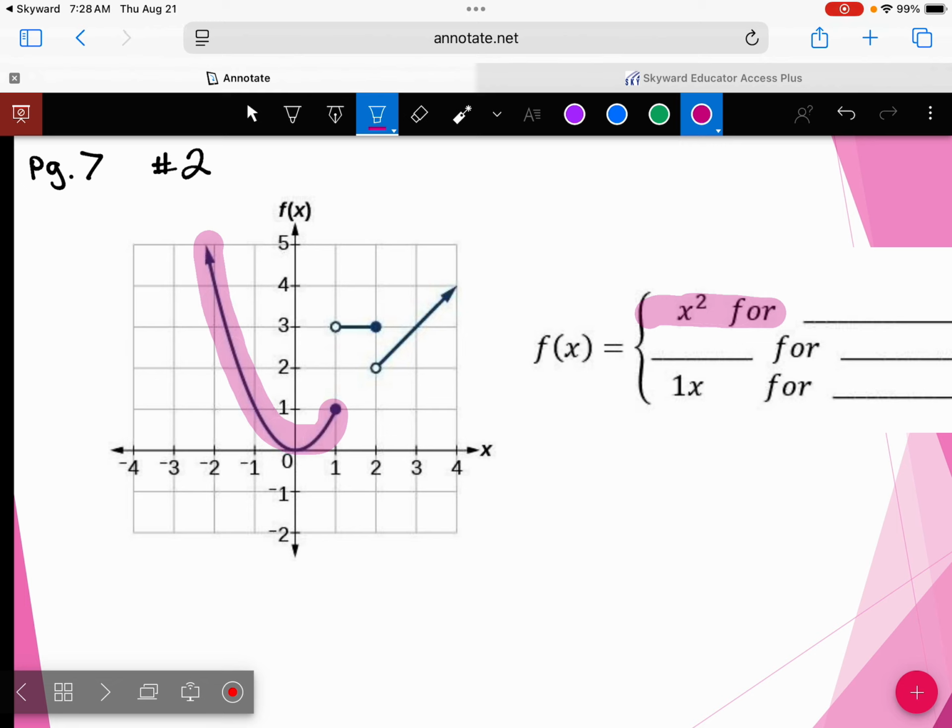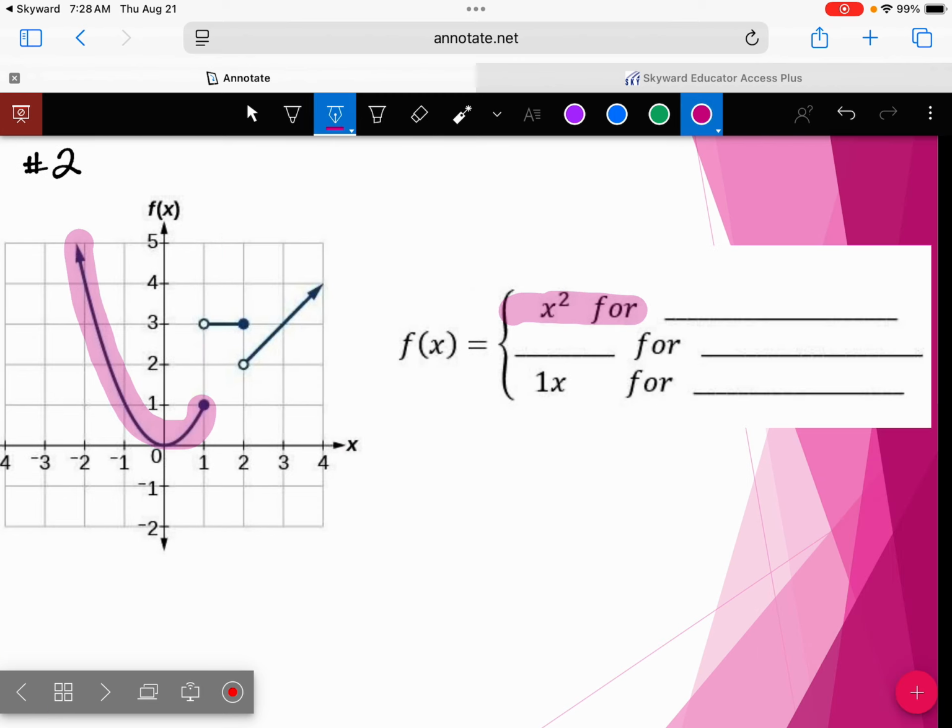So if this is for when y equals x squared, what x values do we get to use? What's our rule for our x's? What's the biggest my x's can be for the pink piece? 1.